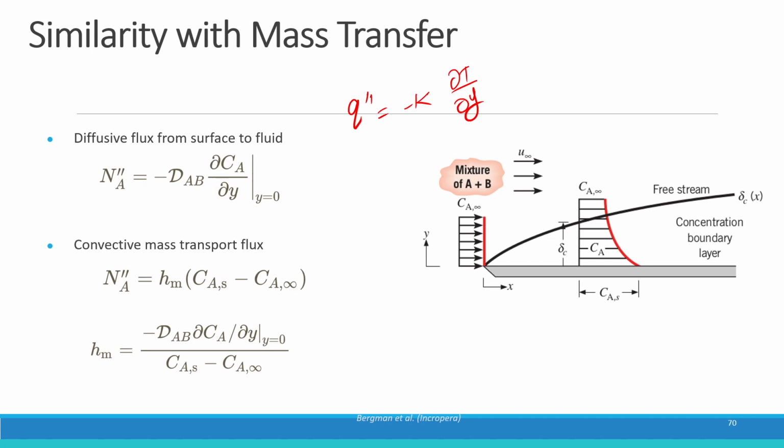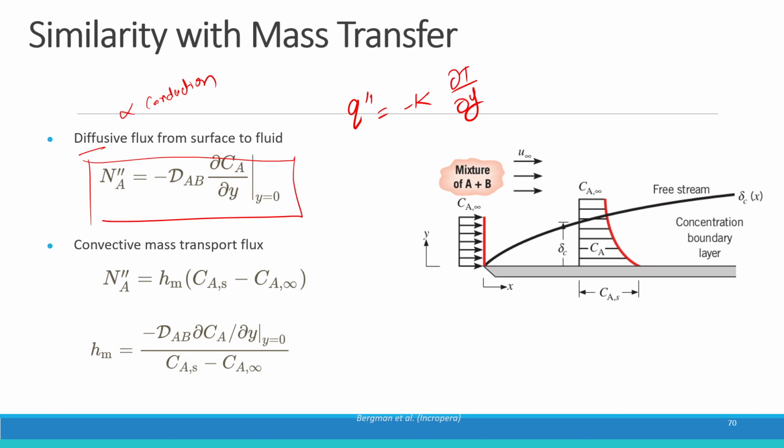Similarly, in the case of mass transfer, the diffusive flux from surface to fluid is given by these equations: N_A is equal to minus D_AB del C_A by del y. Similarly, for convective mass transfer, this is related to the heat transfer due to convection.